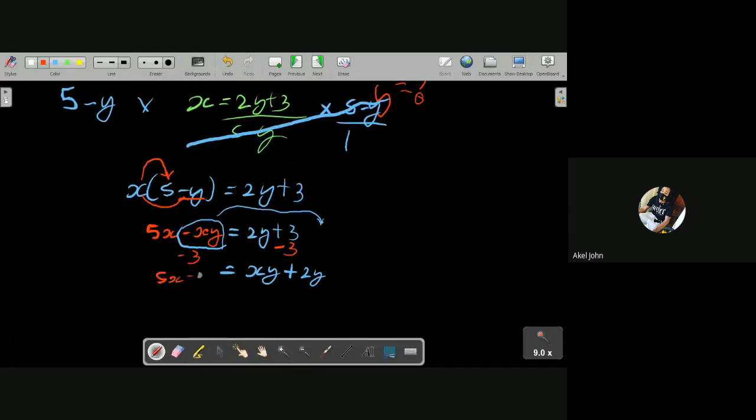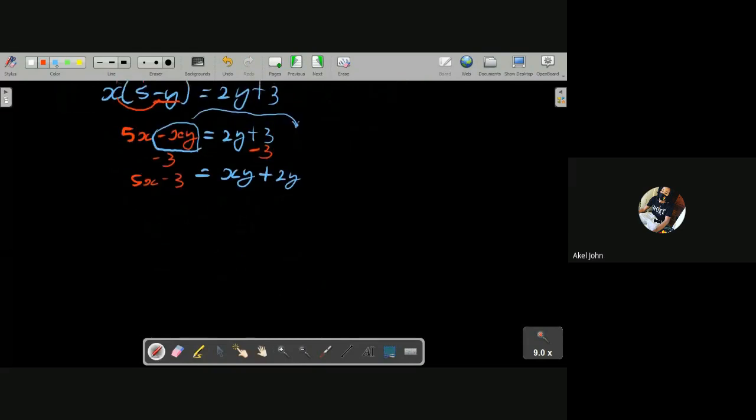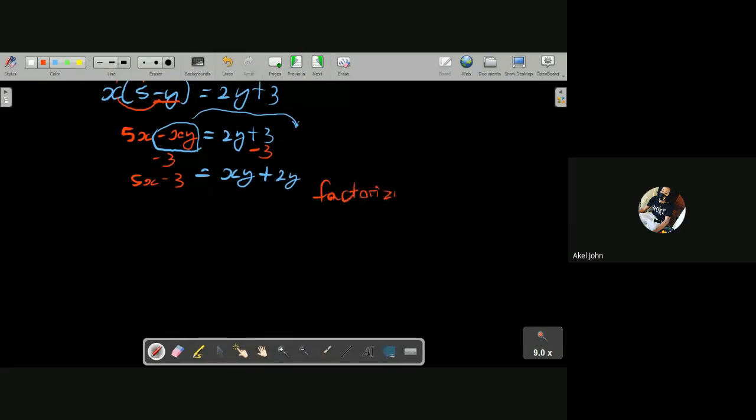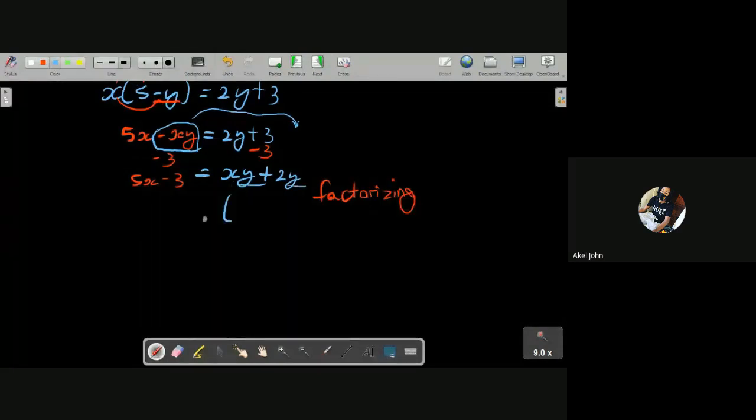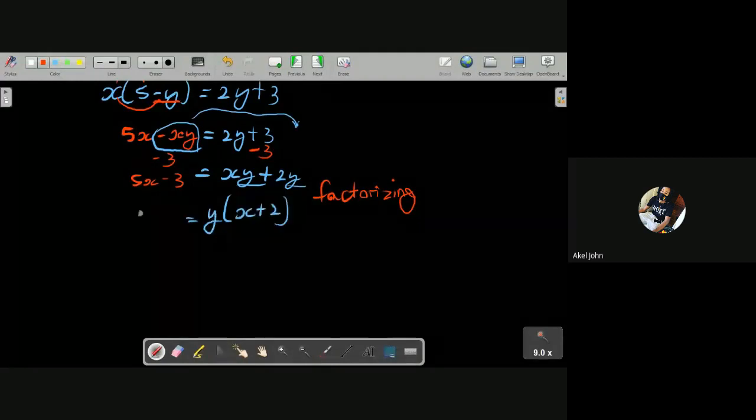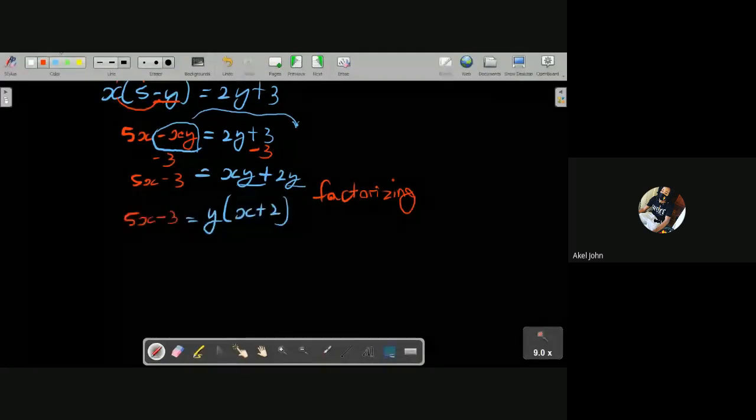And at this point, I am doing something that we call factorizing. So in fact, this is called basic factorizing. We're taking out anything that is common, in this case, the y. So we pull out y and this just leaves x plus 2. And over here, 5x minus 3.